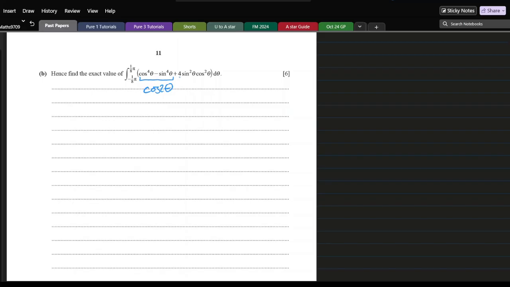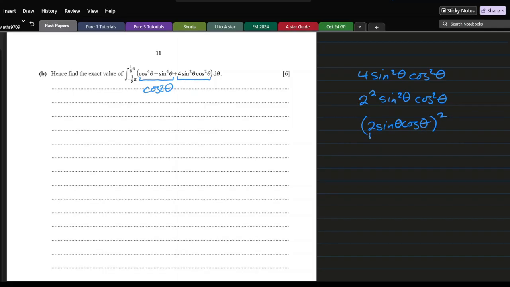Alright, and now this here actually looks familiar. I'm going to just bring it here to the side. This is 4 sine squared theta cos squared theta. And we can actually write this as 2 squared sine squared theta cos squared theta. And if we factor out the power 2, what we have is 2 sine theta cos theta, and this is all squared.